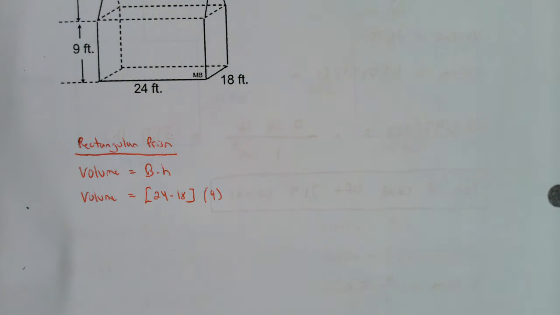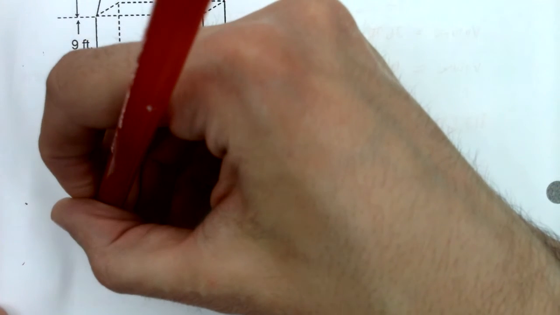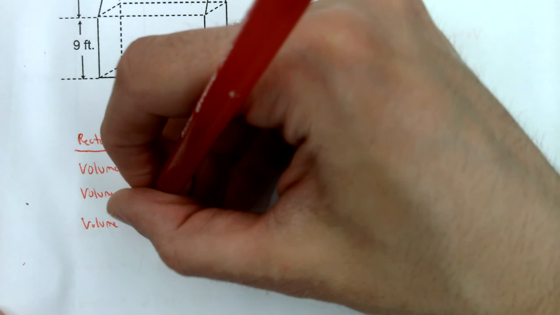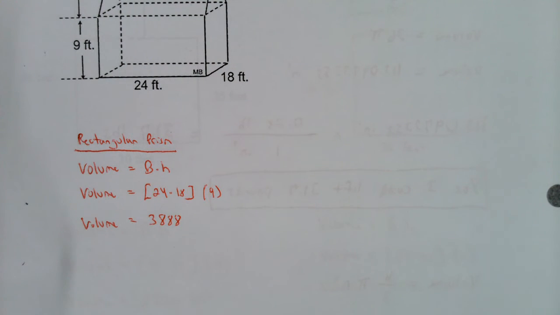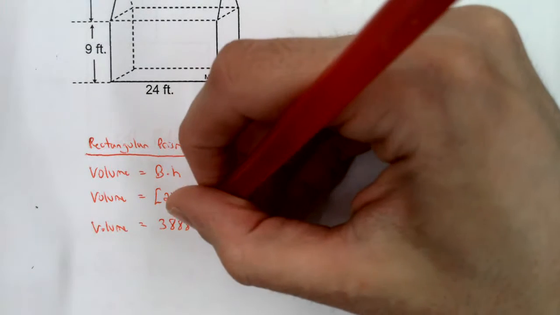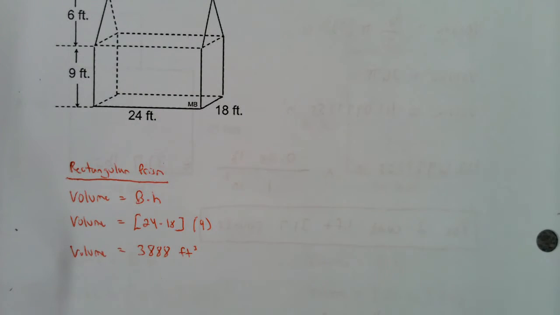Okay? 24 by 18, and then times the height of 9. That's going to give you 3,888. Okay, so that's the rectangular prism.